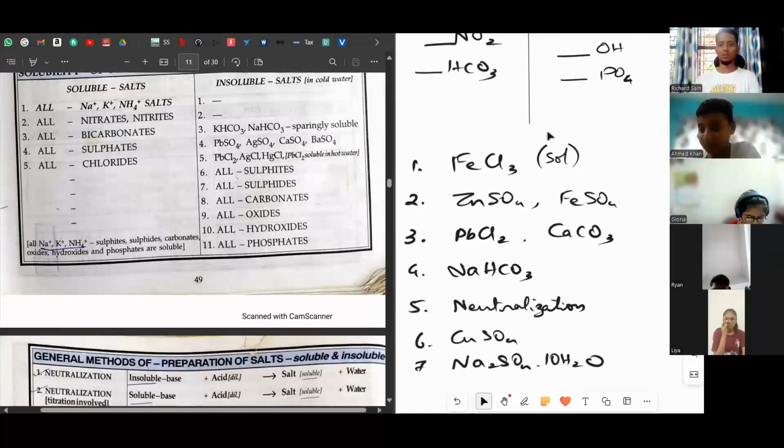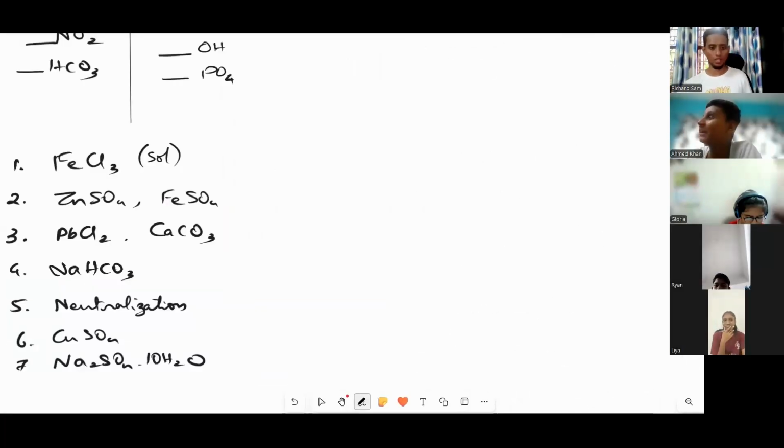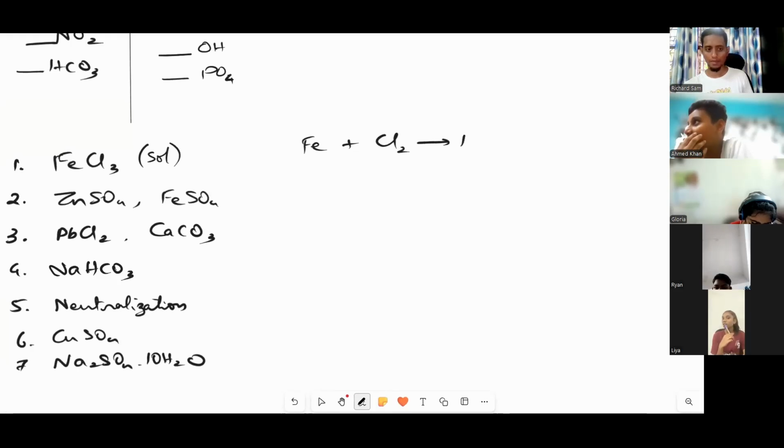So FeCl3 is produced by direct combination. The direct combination means Fe plus Cl, right? Formula for iron is Fe, formula for chlorine is Cl2. So Fe plus Cl2 will form what? FeCl3. Valencies are there, that's why FeCl3. Okay, and then you balance the equation.